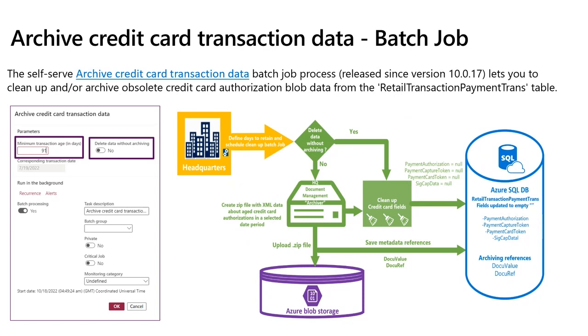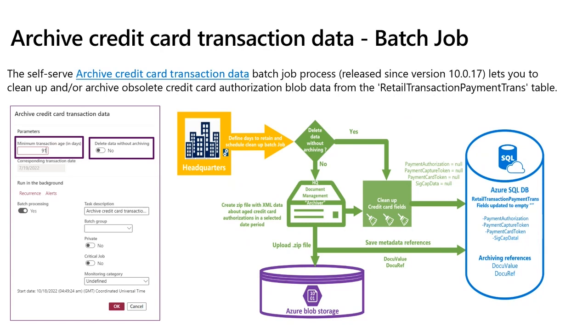If this option is selected, the process will clean up the credit card fields and not perform any archiving, as you can see on the upper green part of the diagram in the yes path, where the process goes to the cleanup credit card fields green box, sets the values of those fields to null, and frees up size in the SQL database.